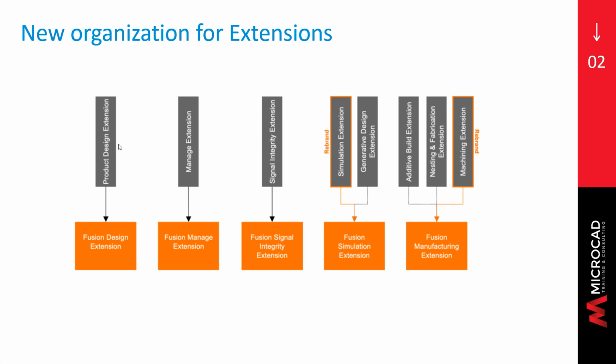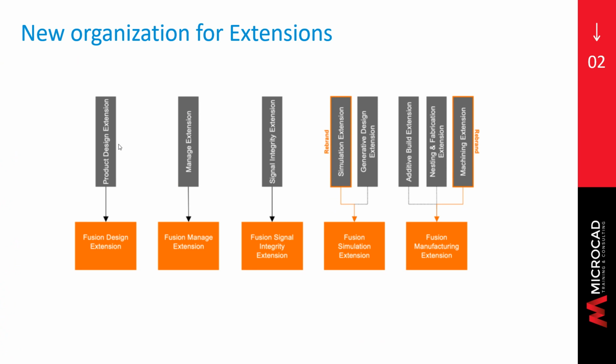The manage extension is basically the same as well. No changes there. It's roughly the same. The signal integrity extension with Fusion is maintained as well. It works in the PCB design. That's for electronics. And the ones that were changed are the simulation extension and the manufacturing extension.